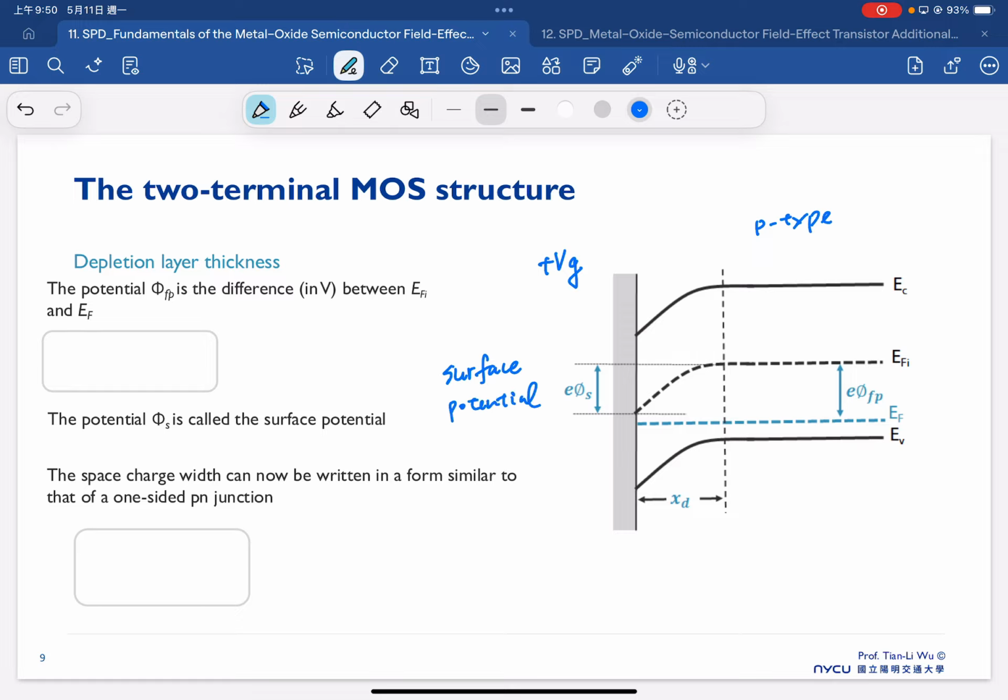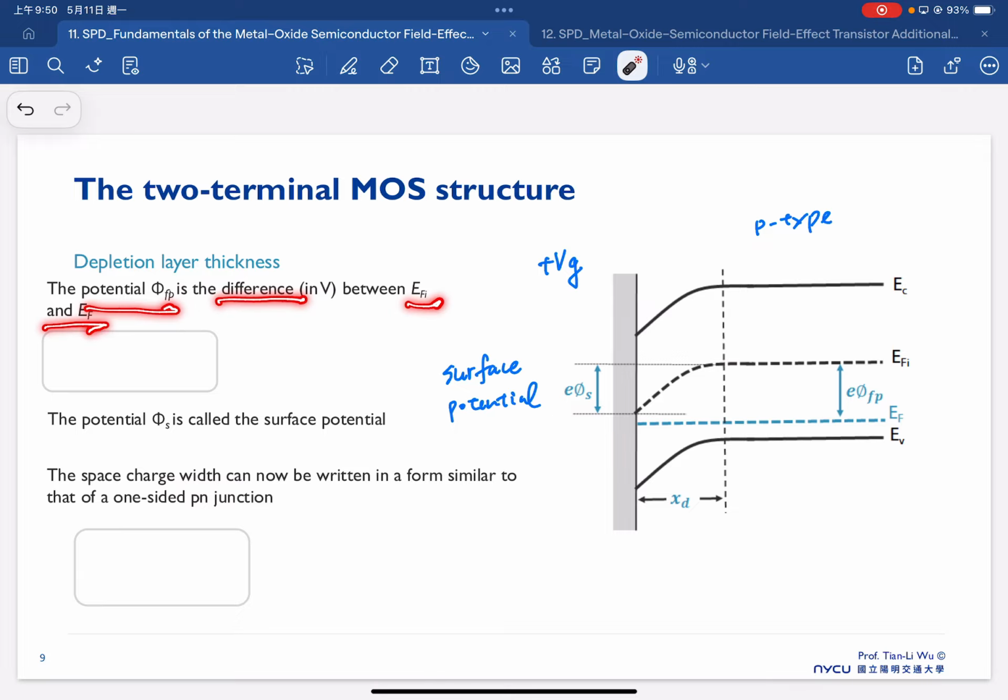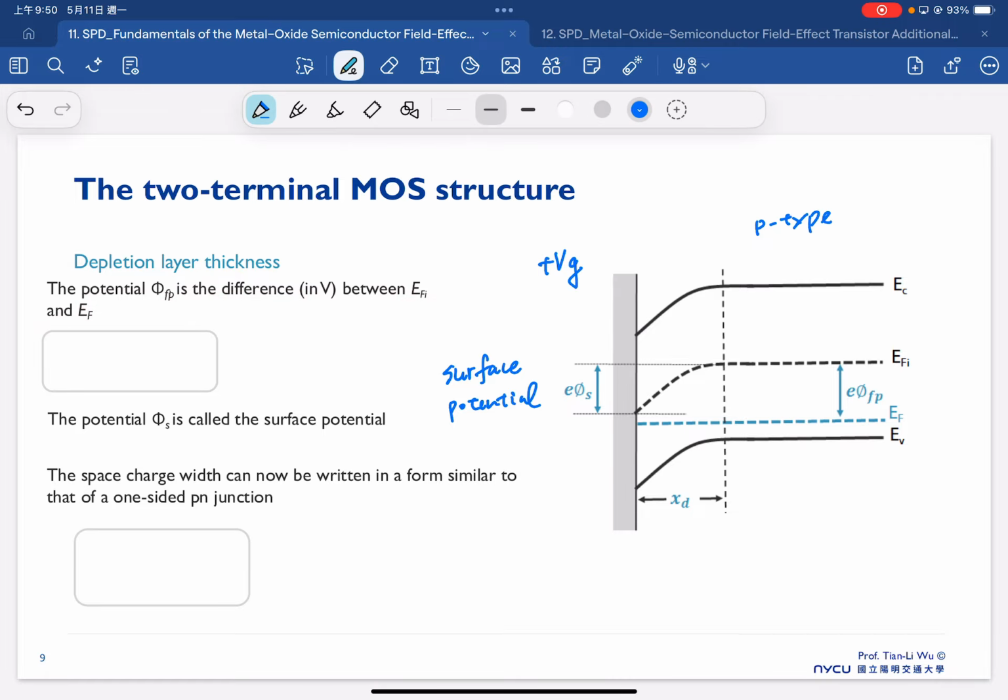First of all, the potential phi fp is the difference between E_Fi and E_F. So we can use the equation we already derived a while ago, that phi fp is equal to Vt natural log of Na over ni. And then we take into account phi s, the surface potential.